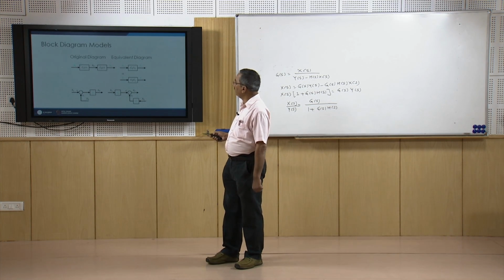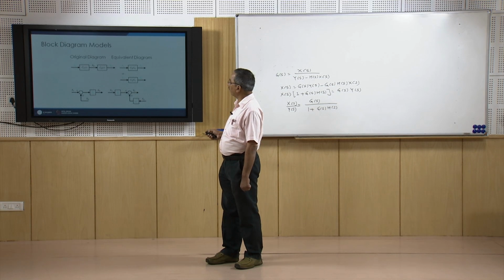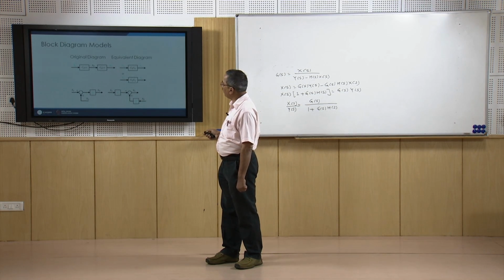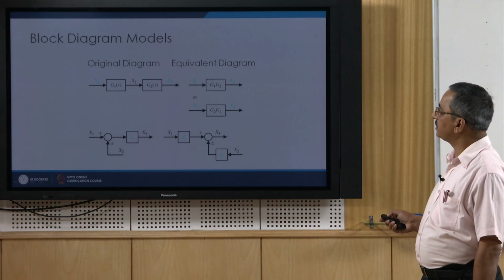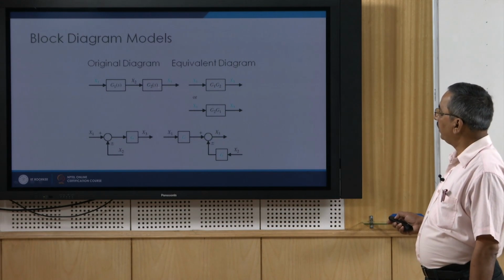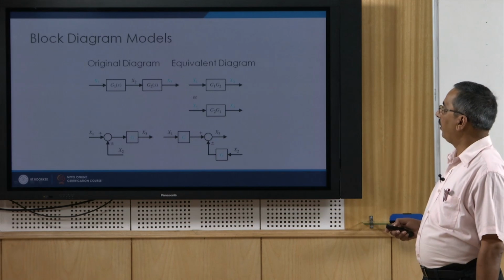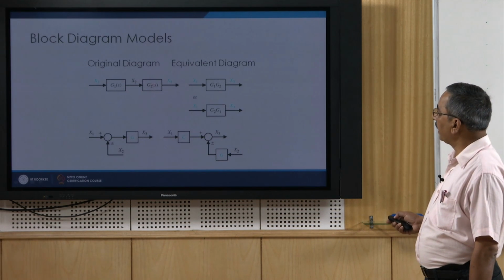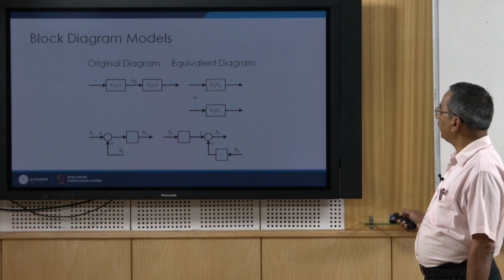Here you see there is a first block with transfer function G1(s), and input to this is x1 and output of this is x2. Similarly, there is another block whose output is x3 and the input to this is x2. So, this whole thing can be represented like this.